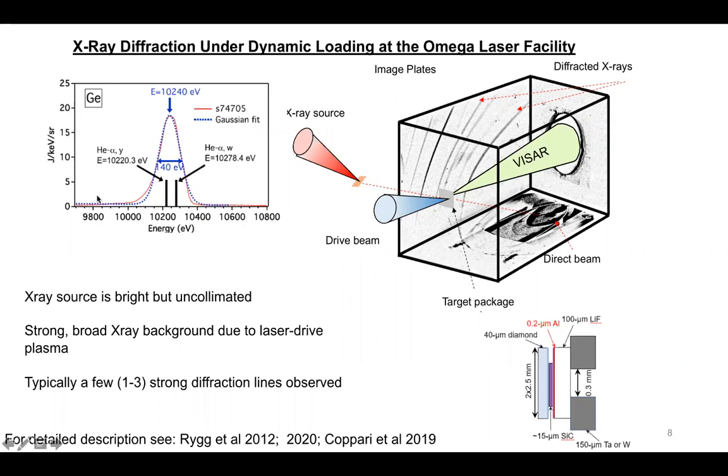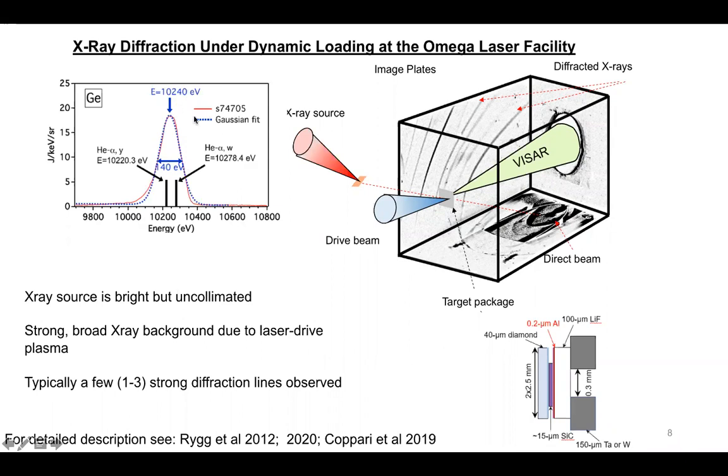This is an example from a paper by Federica Coppari, an example of a germanium X-ray source at about 10 keV. Typically, you get about 100 or so eV line width. There are some satellite lines, so it's not completely monochromatic, and those need to be suppressed with some filtering.